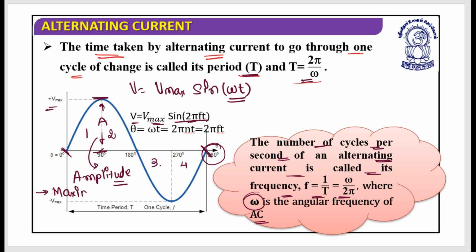It is the maximum displacement from the mean position. That is what we call an amplitude. So we now understood what is time period, what is frequency, what is amplitude.